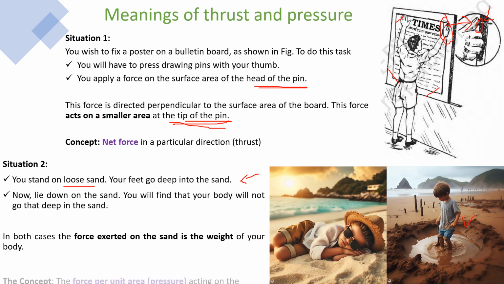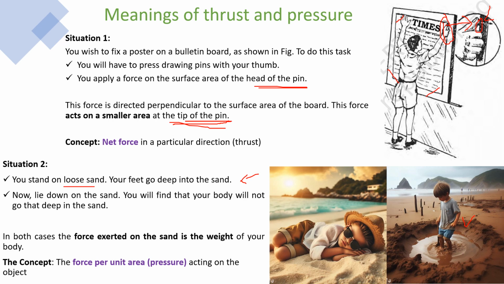So what is it that we learned from here? What is the concept we learned now? See, the force per unit area. In this case, what is the force? Your weight. The force is spread across this wider area, whereas here your weight is concentrated in the small area, right?